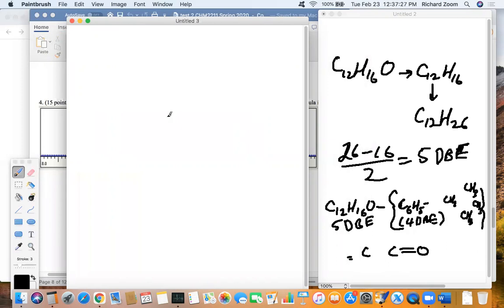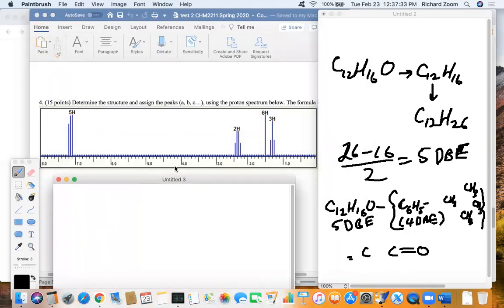Let's pull this down a bit so we can still see the spectrum. All right, so we know it's got C double bond O. My point was that anything in the 2 to 3 range is likely to be something connected to a C double bond O. So I could automatically put the CH2 that's here as part of that.